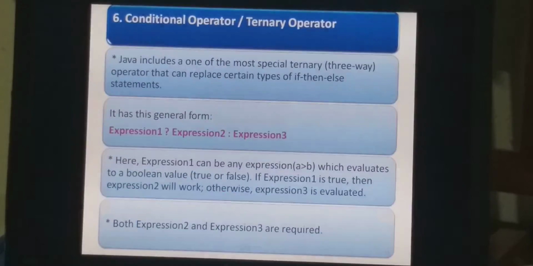Normally it uses a question mark and colon. Expression 1 is a condition, expression 2 is the true block of the condition, and expression 3 is the false block of the condition. And that's all about Java operators.